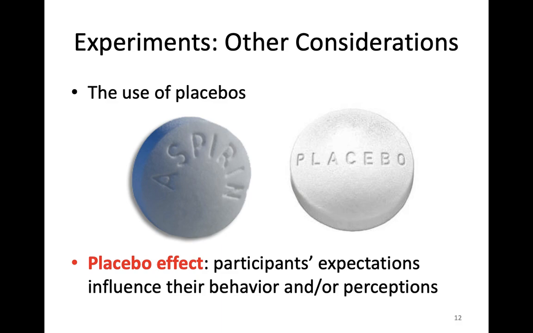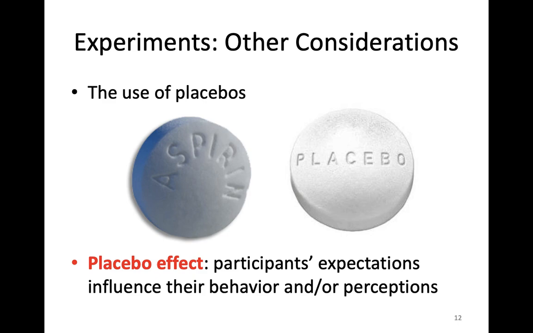So how are we going to do this or account for this? Well, researchers use what's called a placebo. A placebo is essentially a fake substance. A placebo would be a pill that looks exactly like an aspirin. It just doesn't contain aspirin in it.